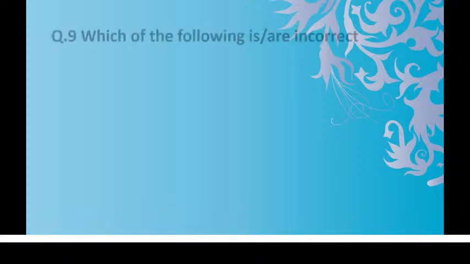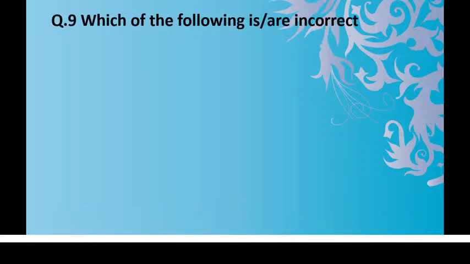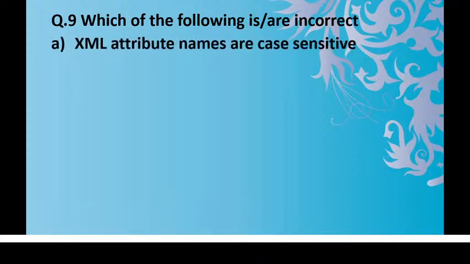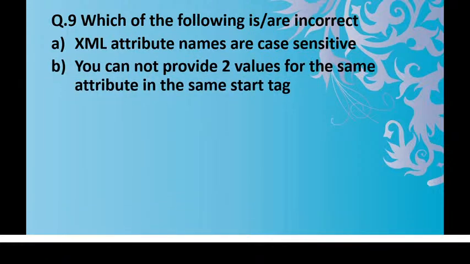Next is question number 9. Which of the following are incorrect? XML attribute names are case sensitive. You cannot provide two values for the same attribute in the same start tag.